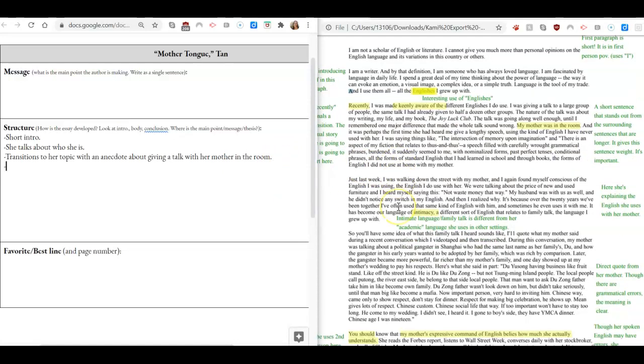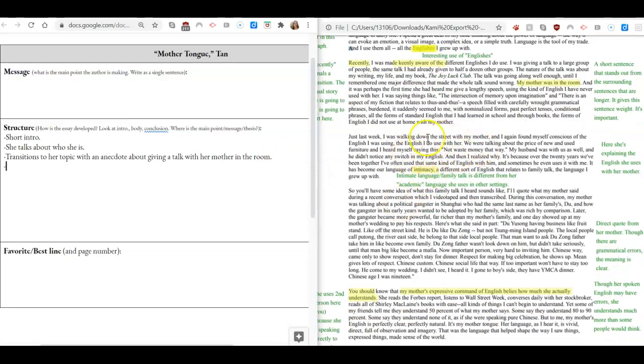So then moving on, she goes into the next paragraph where she talks about the type of English she uses with her mother. Okay, so she explains the type of English she uses with her mother, which is different from the English she uses other times.